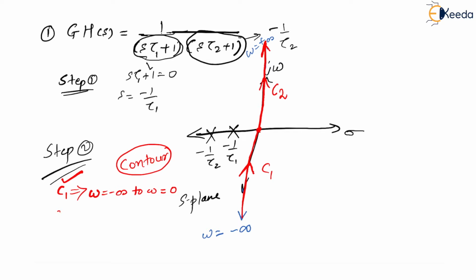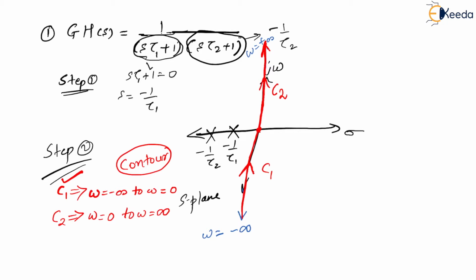C2 contour is nothing but omega varying from 0 at the origin to omega equal to infinity. Now, this is my entire imaginary axis. I have drawn everything related to this. C1 and C2 show you that.